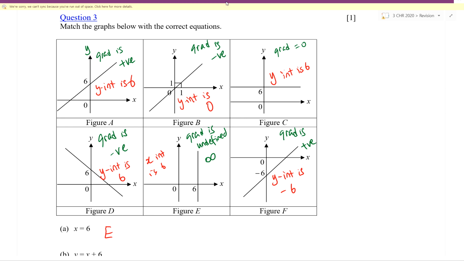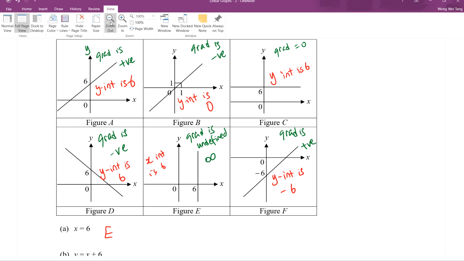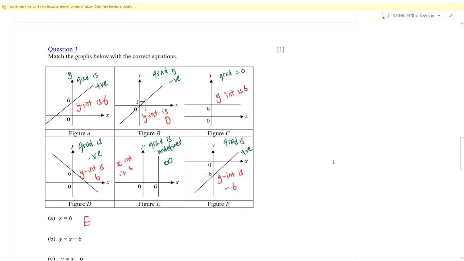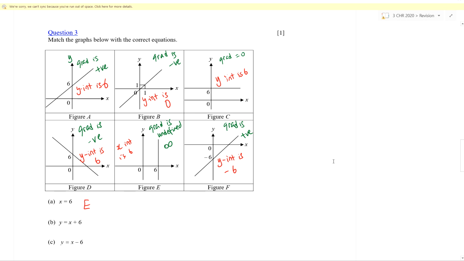Next, part B. Y equals to X plus 6. Okay. Compare all these equations with Y equals to mx plus c. The number in front of X tells us the gradient. Okay, what is the number in front of X here for part B? 1. Positive or negative? Positive.